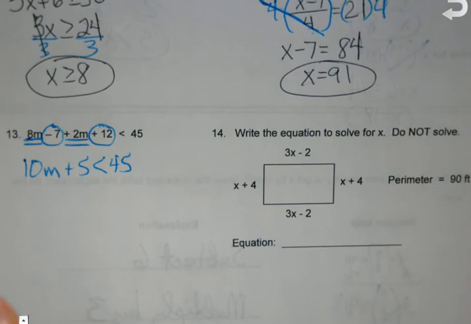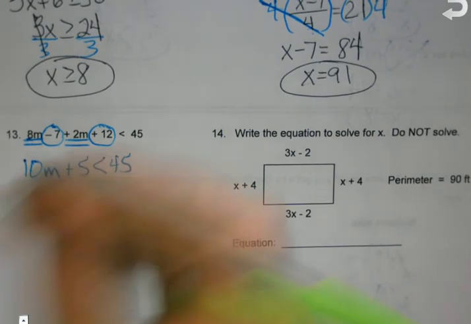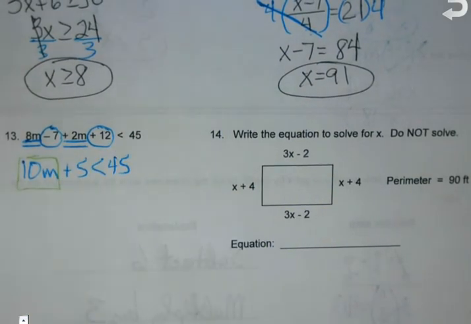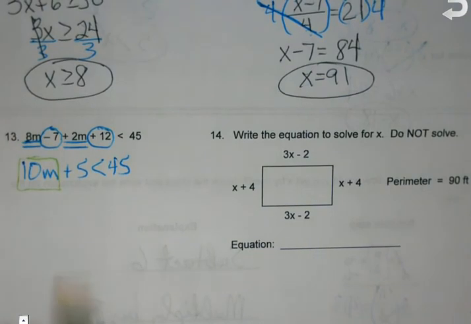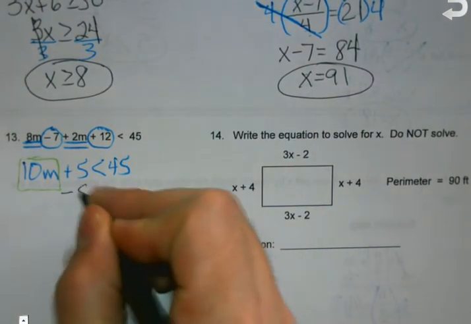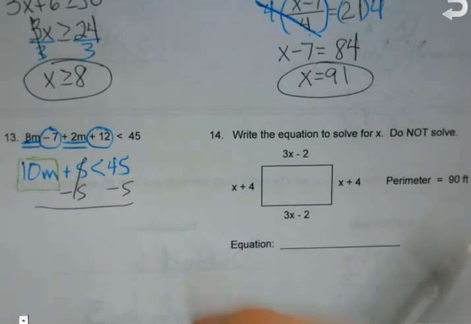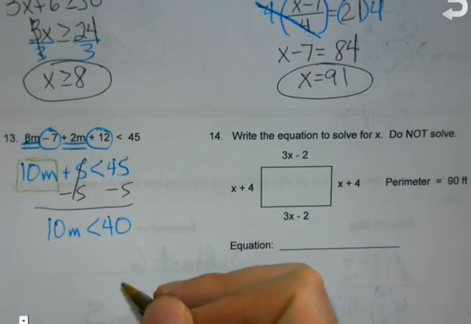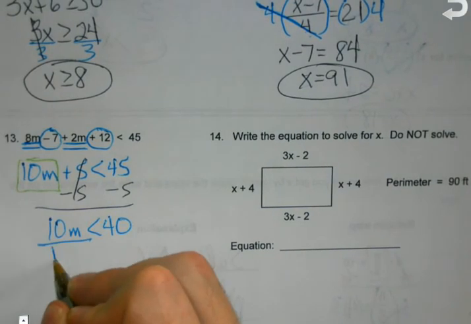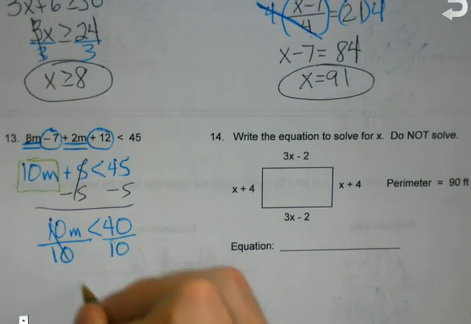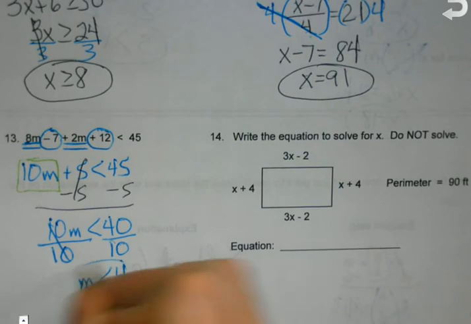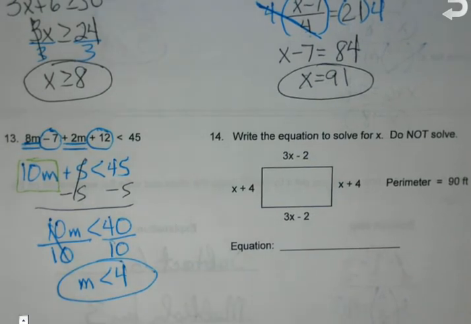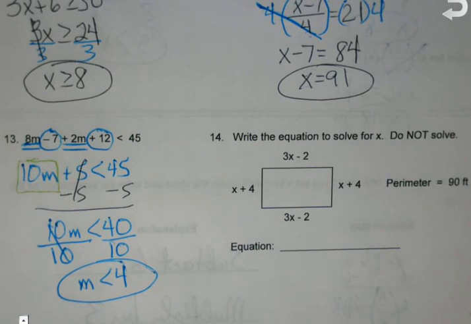Now what? Again, we're trying to isolate, we're trying to get our m by itself. So minus the 5. And then the opposite of multiply is divide. So sometimes there can be several steps to some of these. I'm not going to tell you that it's not that way. But that's how that works.